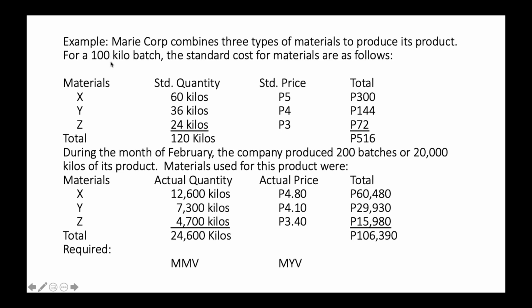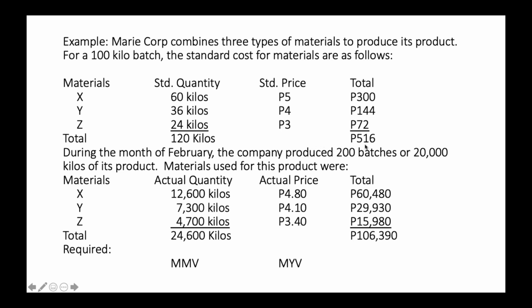So 60 kilos. So the standard price for each kilo is 5 pesos. So that's equivalent to 300 pesos. For material Y, 36 kilos, 4 pesos per kilo, that's 144 pesos. Material Z, 24 at 3 pesos, 72 for 24 kilos.